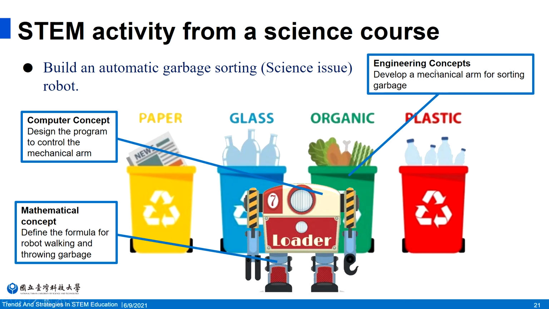Regarding the engineering concept, the students need to develop a mechanical arm for sorting the garbage. Also, they need to use computer concepts to design a program to control the mechanical arm, and they also use mathematical concepts to define the formula for robot walking and throwing the garbage.